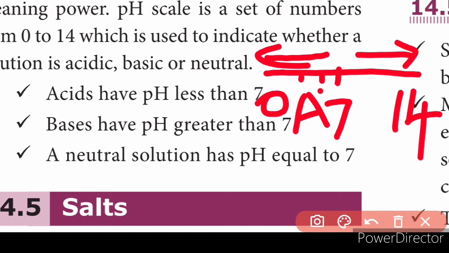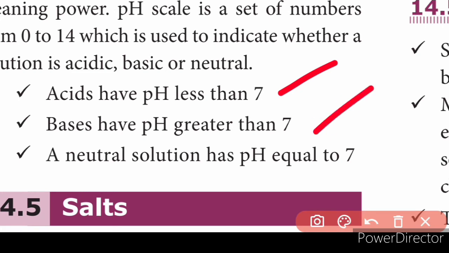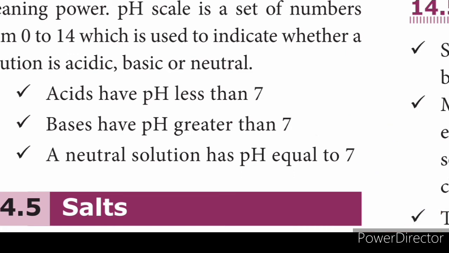If it is greater than 7, we call it a base. If it is approximately equal to 7, the solution is neutral in nature. This is how the pH scale looks. So acids have pH less than 7, bases have pH greater than 7, and a neutral solution has pH equal to 7. Are you all clear about whatever we have learned so far?